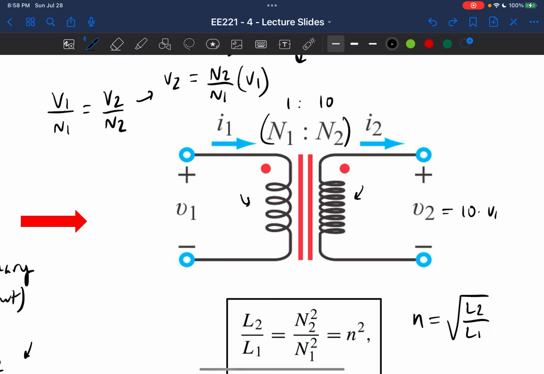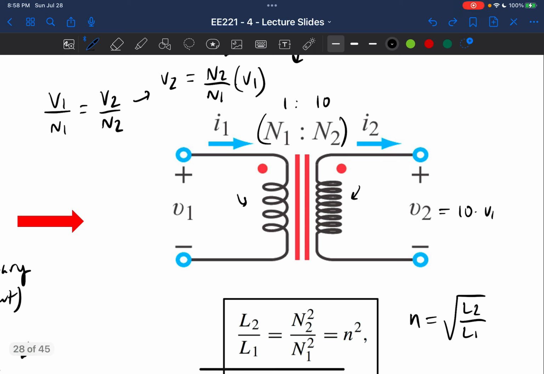And so you see here that we can get really good step-up ratios if we just have more turns on the secondary, and that's kind of what they're showing here. They've got 8 turns on the secondary and 4 on the primary. So, we could write this as 1 to 2 if we wanted to be accurate to the figure. You can just say this is a 1 to 2 step-up transformer, and so the output voltage V2 would be double the input voltage.